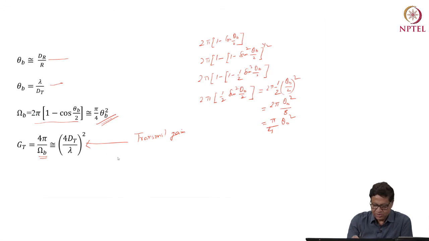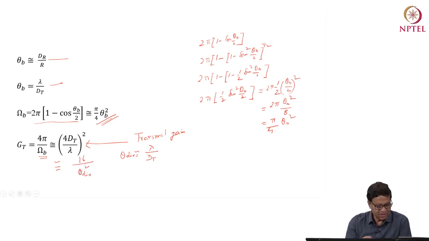This also you can, because we know that theta divergence is equal to lambda by dt, is 1.22 lambda by dt, but for approximation we can take lambda by dt, and if I put this dt in this expression, this can also be written as 16 over theta divergence whole square.